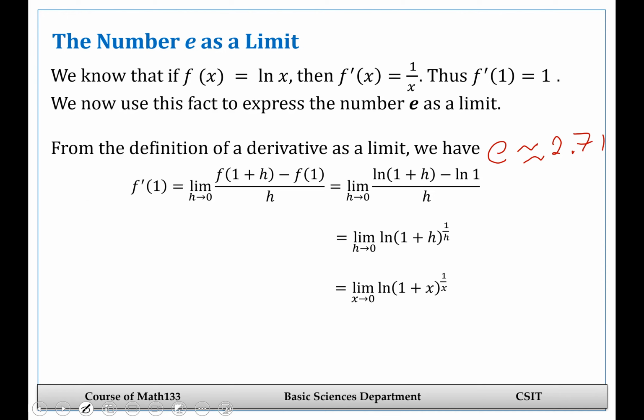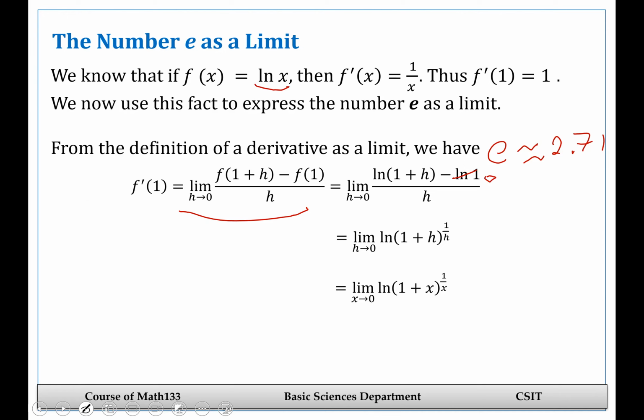Okay, so if we write the definition of the derivative of any function f at the point 1, it's like this one. And then we will apply it for f equal to ln x. So it will be ln of 1 plus h minus ln 1, but ln 1 is equal to 0.